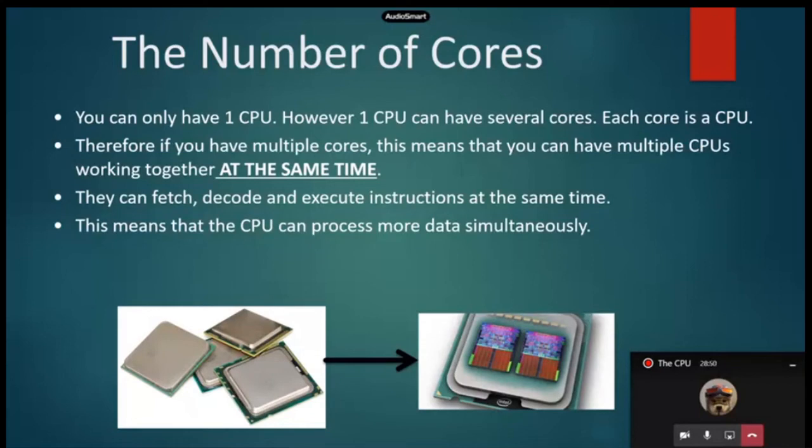Compared to if you've got maybe, say, a quad core processor, which basically means you've got 4 CPUs, which means you can decode instructions at the same time 4 times over, basically. Which basically means if one computer's got 1 CPU and the other one's got 4, you can do 4 times the amount of instructions, basically. Okay.